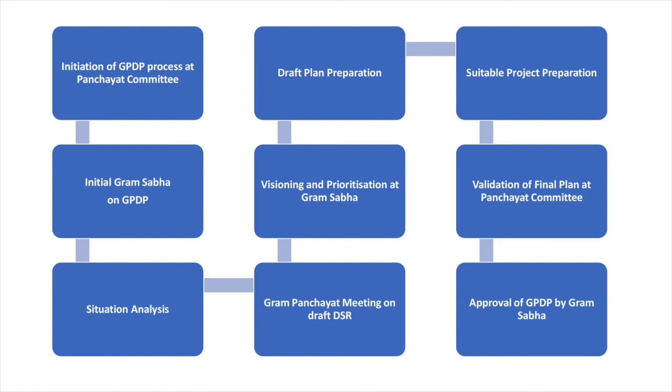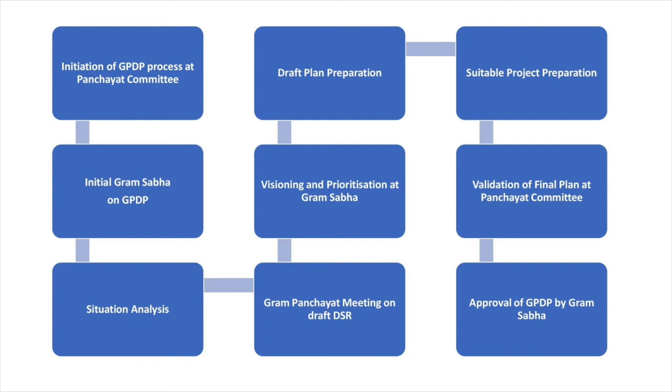Step 9: approval of the Gram Panchayat Development Plan by Gram Sabha. The Gram Panchayat Development Plan prepared shall be placed before the Gram Sabha either for approval or for information as per the state guidelines. The next step involves plan implementation and monitoring. The Gram Panchayat should ensure that the Gram Panchayat Development Plan is implemented in its true spirit, because of which proper monitoring is also necessary.